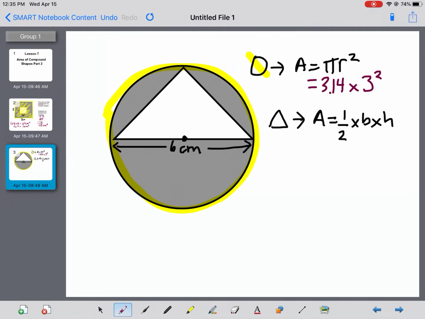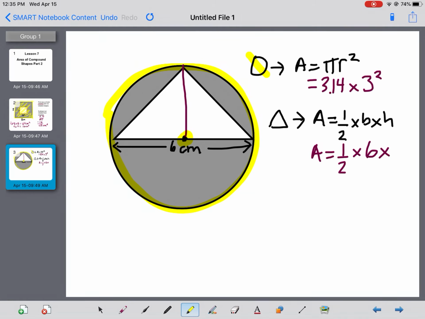However, you might then look after you've calculated that and think, okay, I need to find the area of the triangle. And you think to yourself, well, I know that the area equals half times the base times the height. And you know what the base is, but you might look and think, they haven't given me a height measurement for that triangle. And it is true, it's not written for you. There's no line right here that has a measurement, but you just have to do a little bit of thinking.